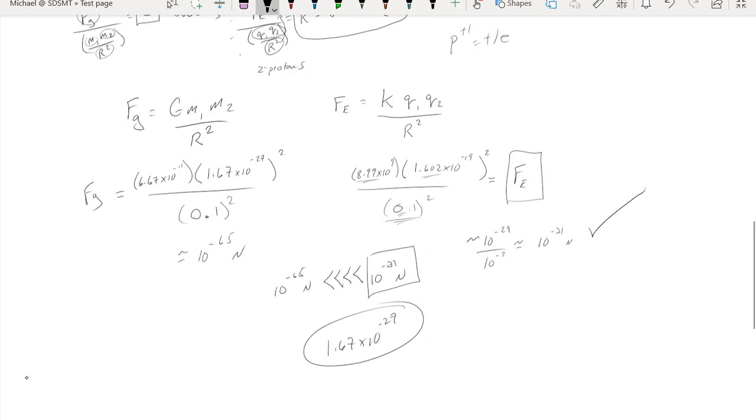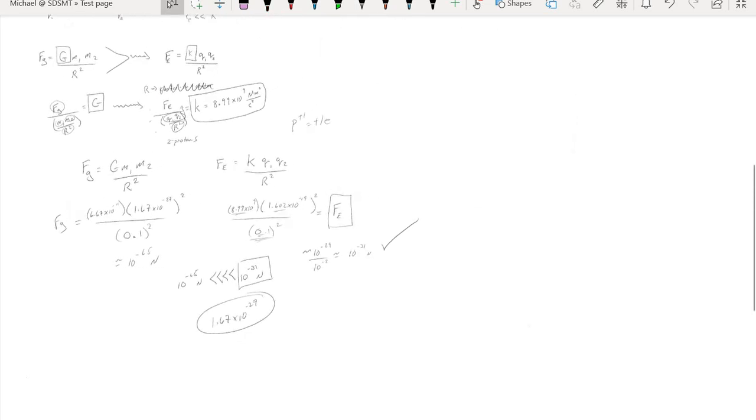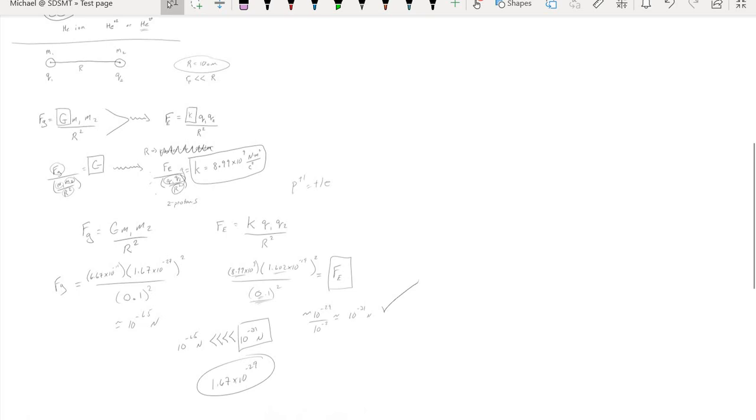But we now see that the electromagnetic force is far greater than anything that gravity could ever possibly perform. And so when we are at these microscopic levels of particles with charges, the electric forces are going to be far more influential than anything that gravity can do.